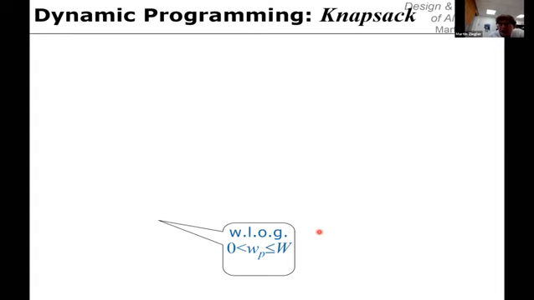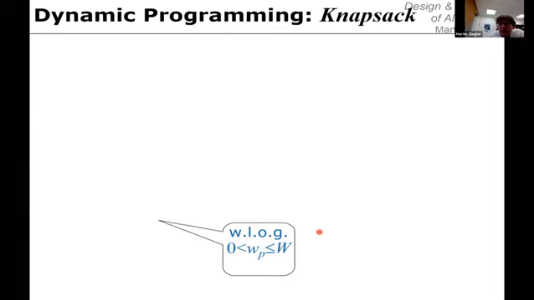So, as a first step, let us record that it is no loss of generality to suppose that all the packets have weights that are non-negative, strictly positive actually, and that have weights less than the weight bound that we're imposing in our optimization problem. Why is that so? Well, if there's a packet that has weight 0, then we're going to include that by default, right?